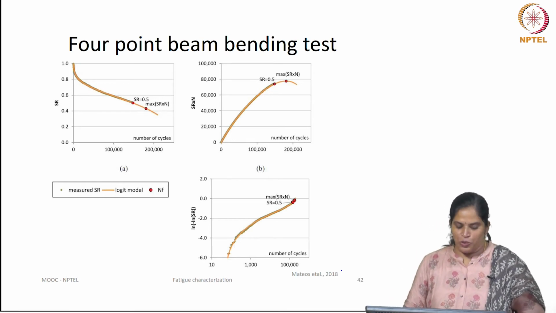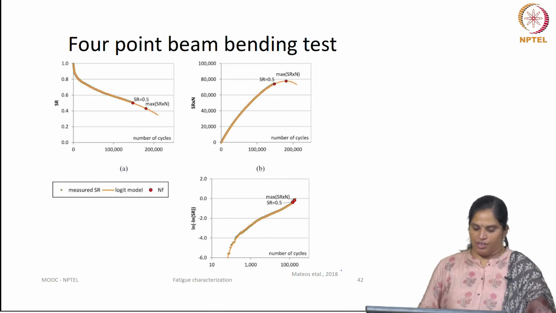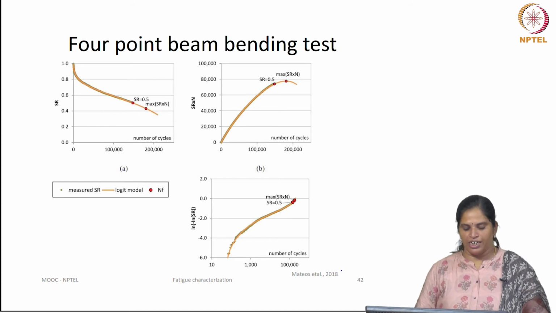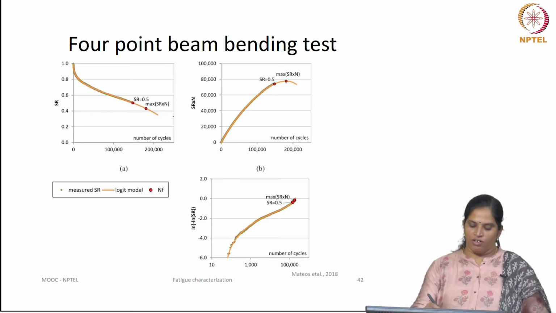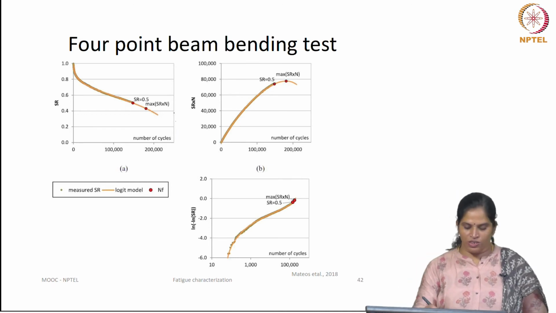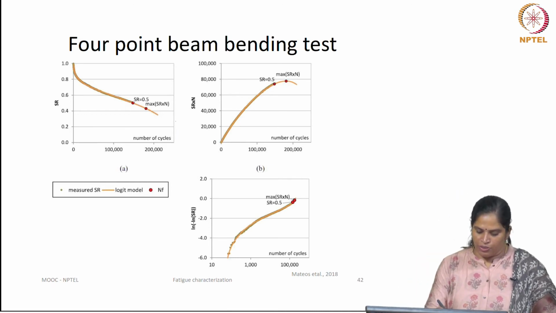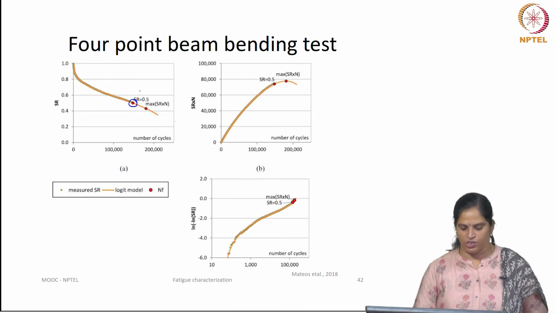So, there is a small comparison between fatigue life obtained from a 50% stiffness and logistic model, or using a Weibull distribution fit. Now, if you look at this first equation, SR equal to 0.5, this fatigue life is based on the 50% initial stiffness.